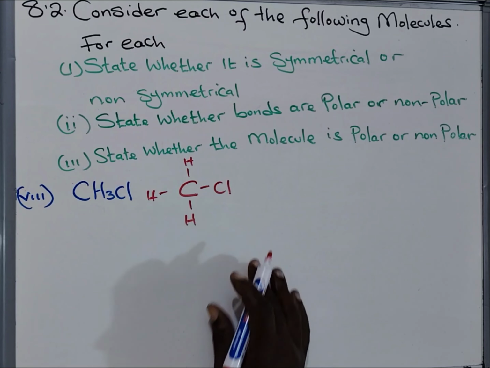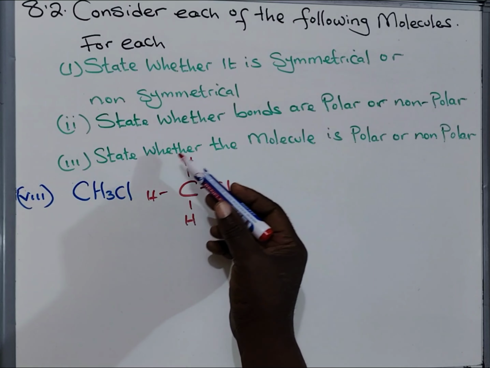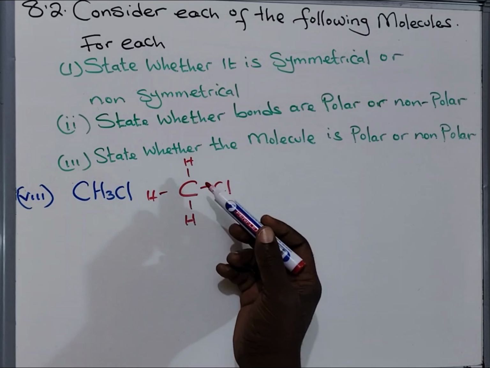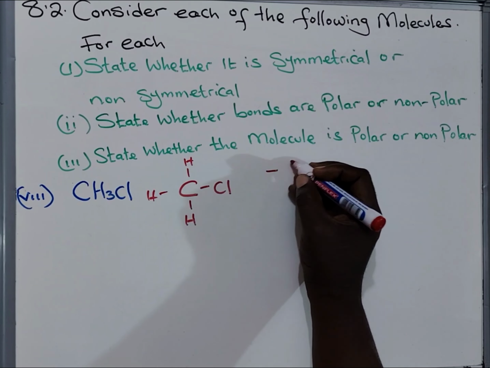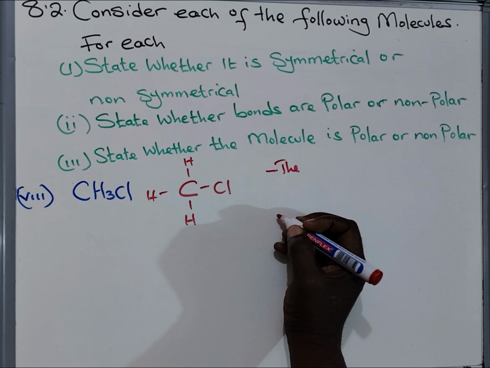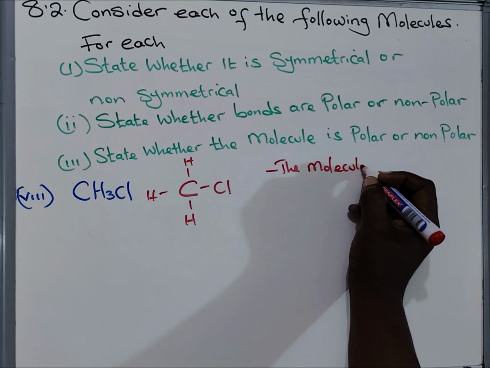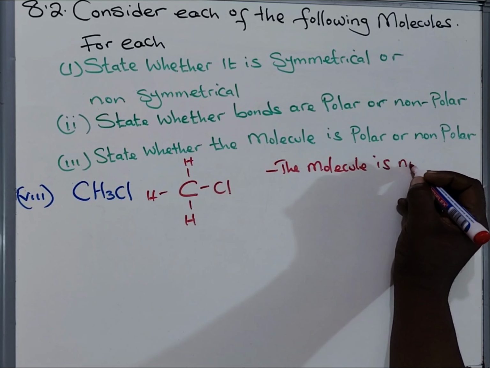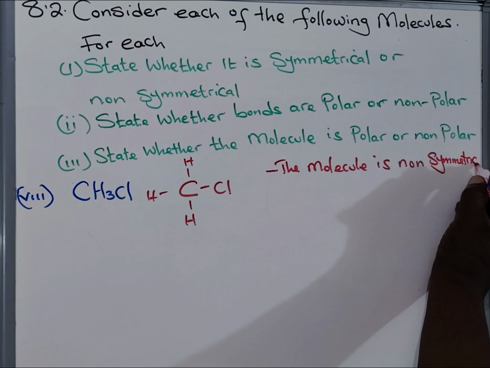So what does that mean? It means that the symmetry is not perfect. This one destabilizes the symmetry. That makes the molecule non-symmetrical. How about the bonds?